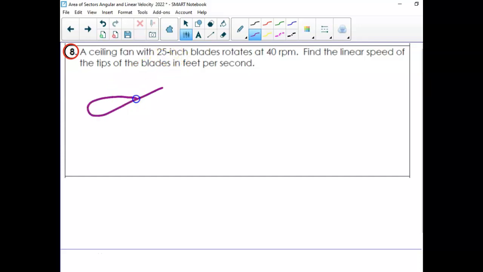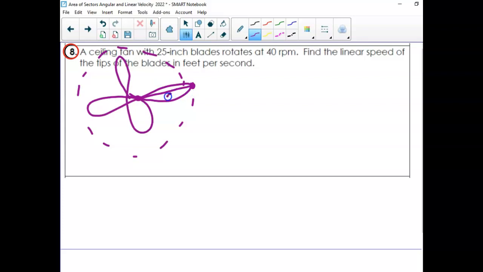Okay, so this is not a ceiling fan blade, but does that kind of really badly look like what we're talking about? So if the blades are each 25 inches, what is that in regards to this? The length of this blade is the radius. Does that make sense?